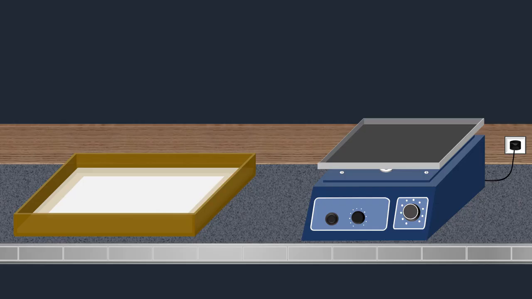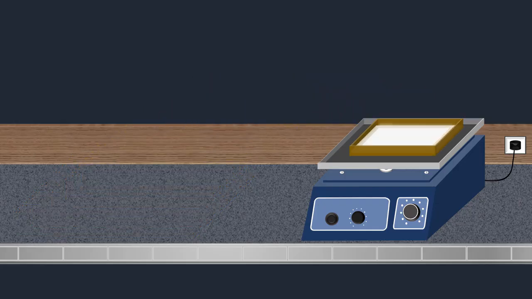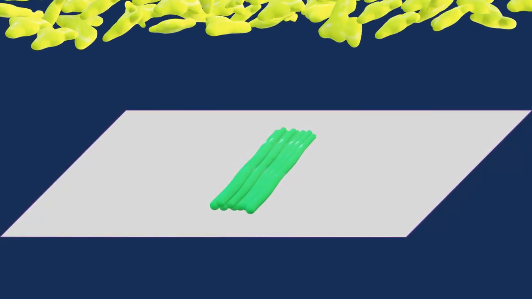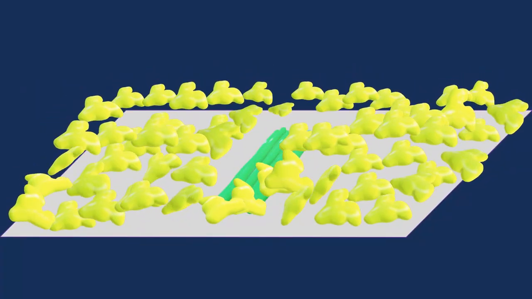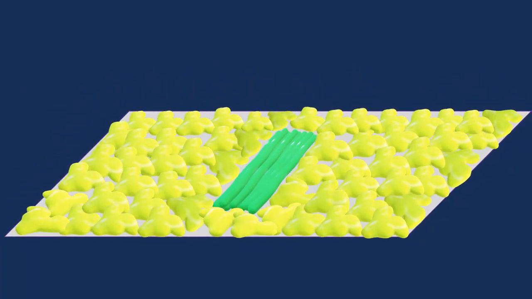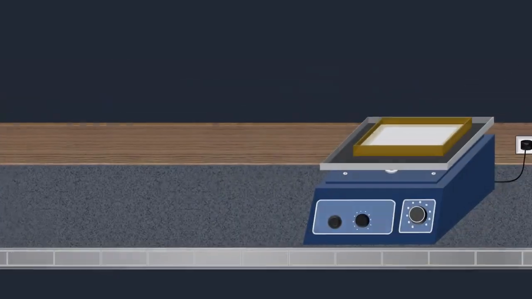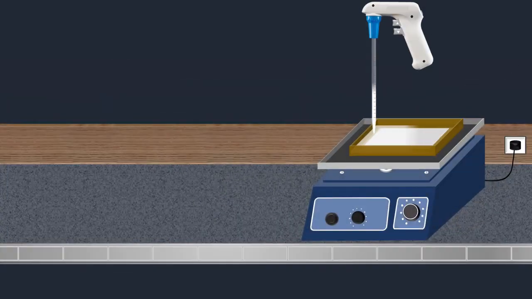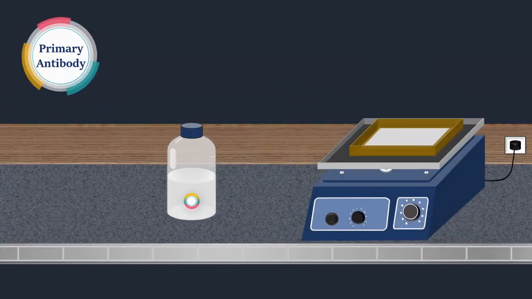Once the blocking solution has been added, the membrane is incubated on a rocking platform. The BSA protein attaches to the membrane in all places where the target proteins have not attached. Thus, when the antibody is added, it cannot bind to the membrane, and therefore the only available binding site is the specific target protein. After the incubation is complete, the blocking solution is removed.